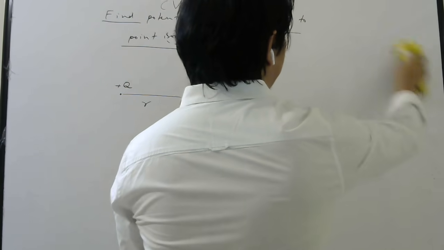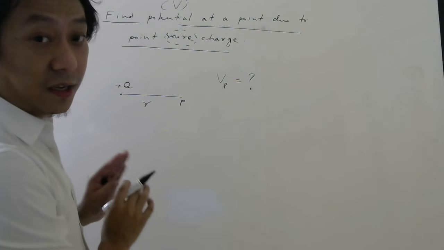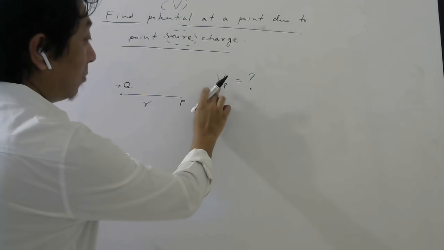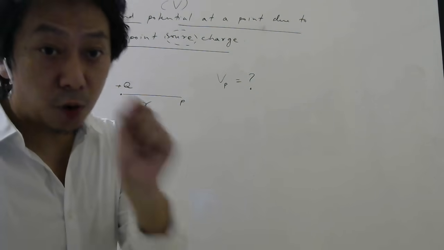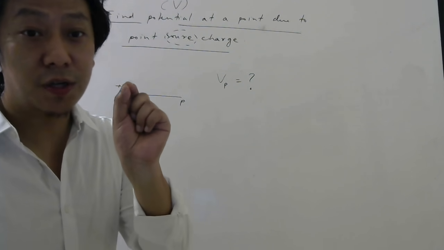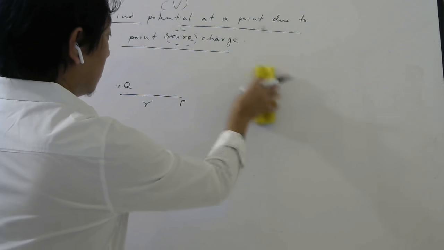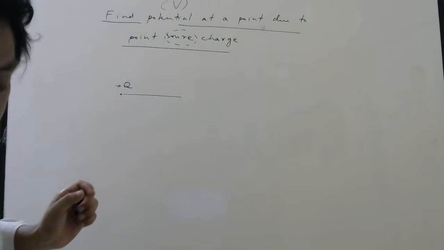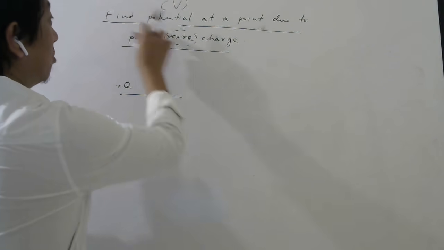Okay, fine. Let us start now. I hope the question is clear. Here is a point source charge. At this point, I want potential. Just like electric field is produced at a point, potential is also produced at a point due to some source charge. Everybody understood the question, right? Now I will apply the definition of potential.